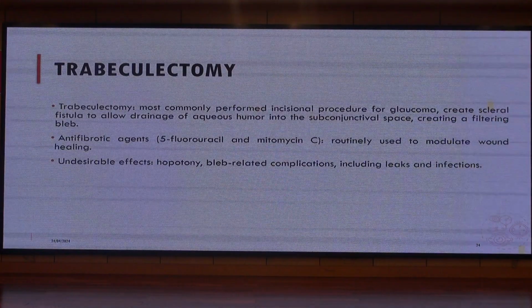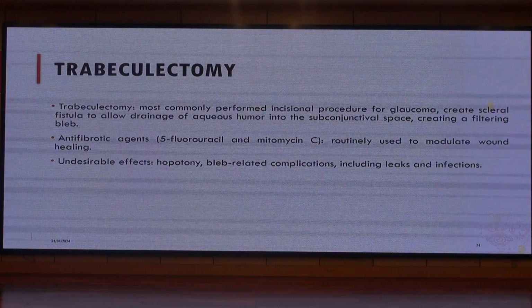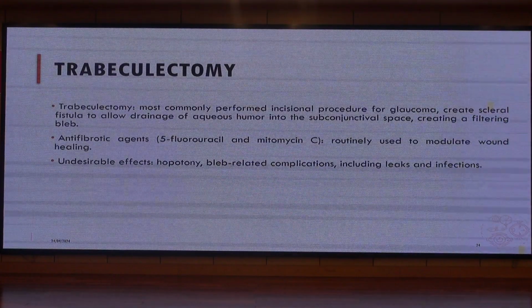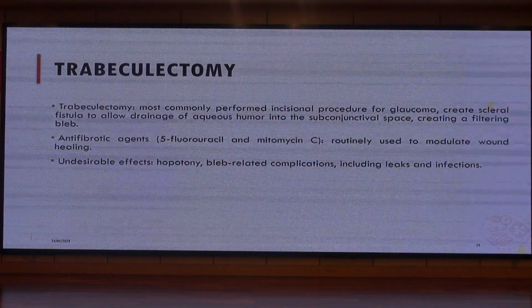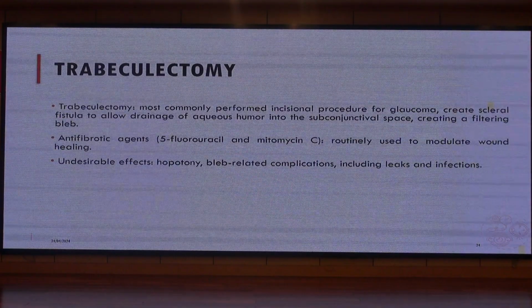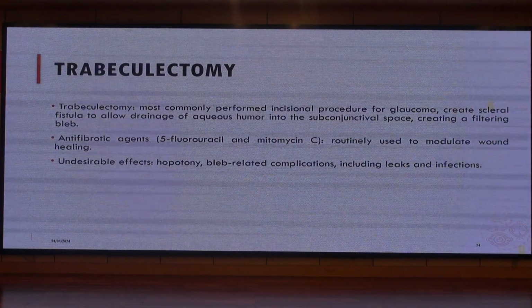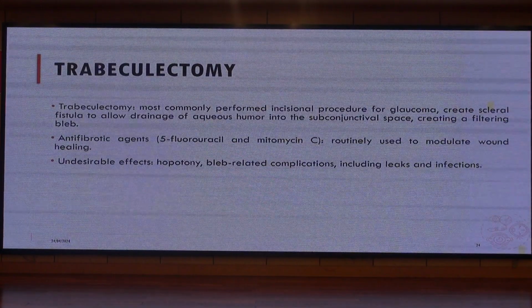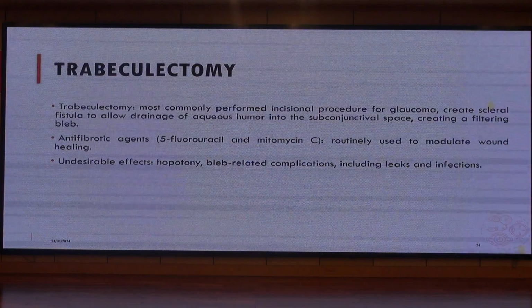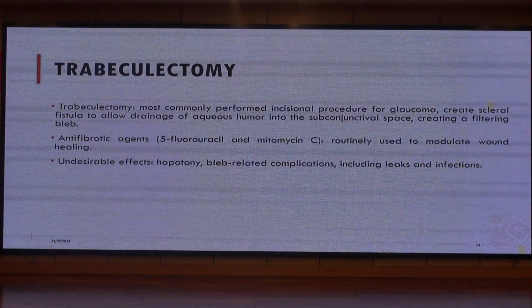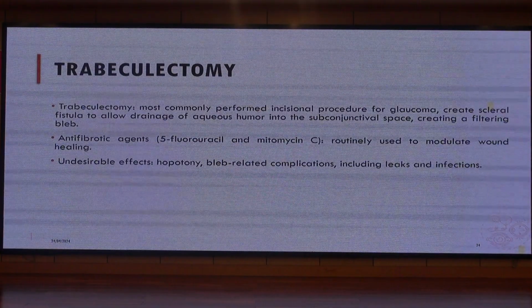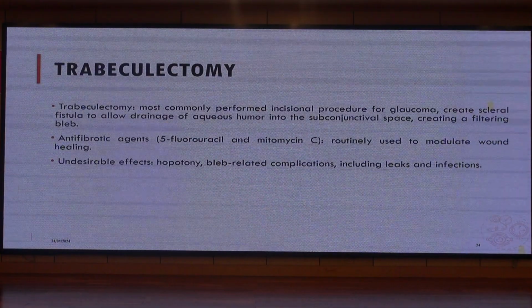It creates a scleral fistula to allow drainage of the aqueous humor from the anterior chamber into the subconjunctival space. An antifibrotic agent is used routinely to modulate wound healing. But besides its benefits, it has undesirable effects like hypotony and bleb-related complications, including infection, which is very dangerous and vision threatening.